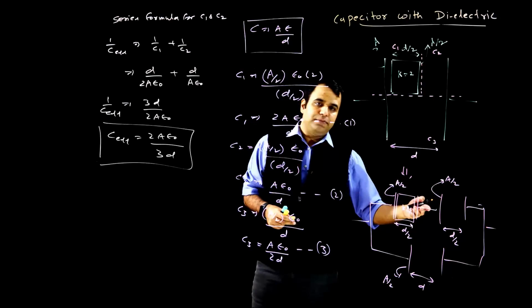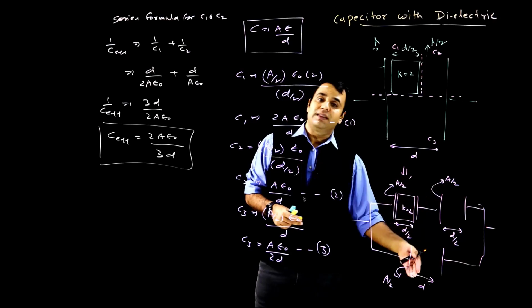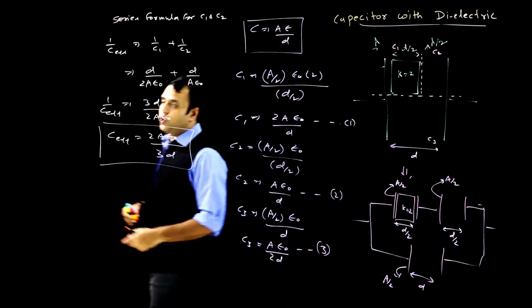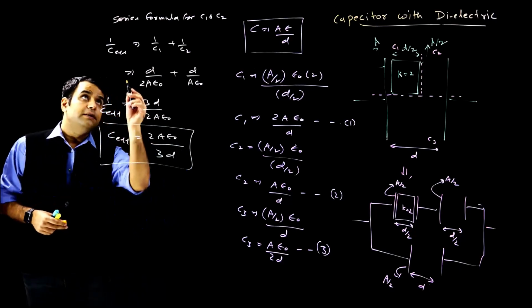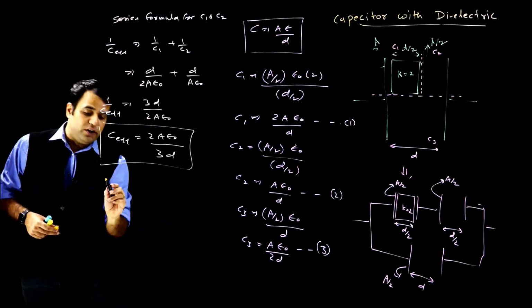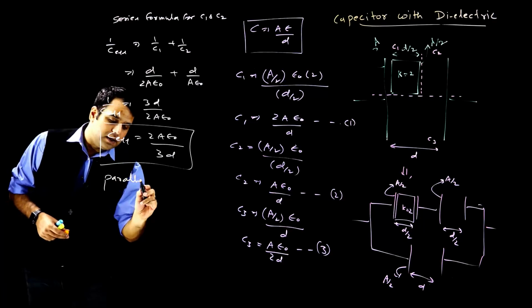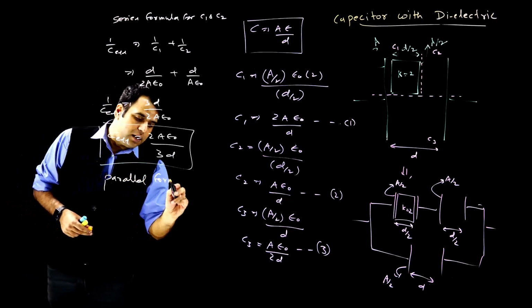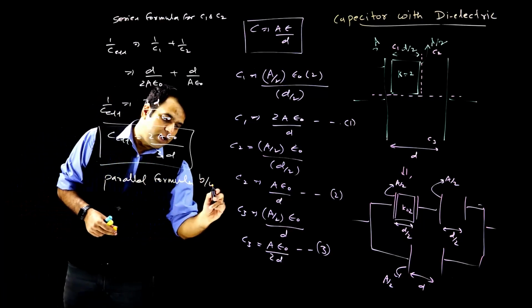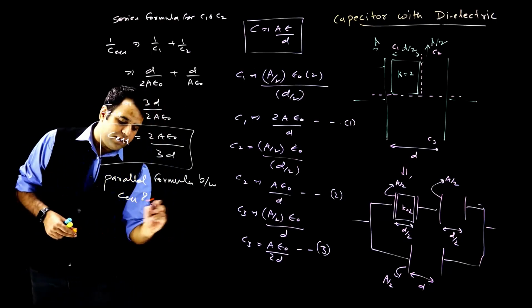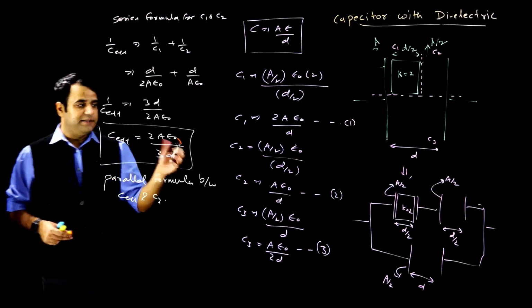Now, these two capacitors are joined with the third one. So now we'll use the parallel formula between C effective and C3. This is C effective.